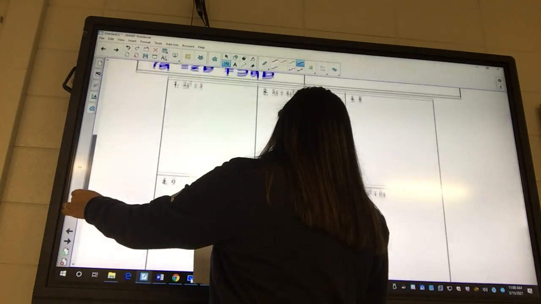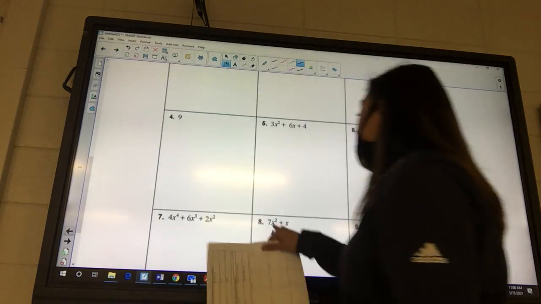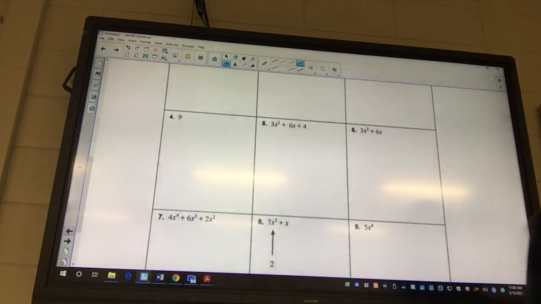Well, we can look at it. On number 8, it says x to the, and they point to that little 2. What is it called? Exponent. Power. A degree? A quadratic?